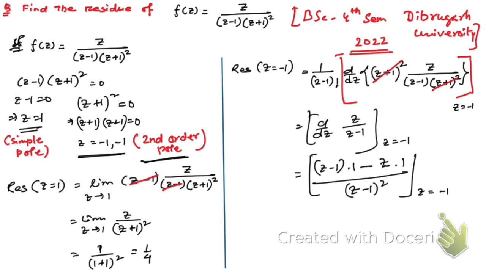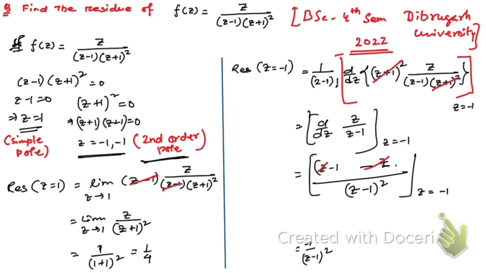Simplifying, z minus z cancel, so we have minus 1 by z minus 1 whole square.